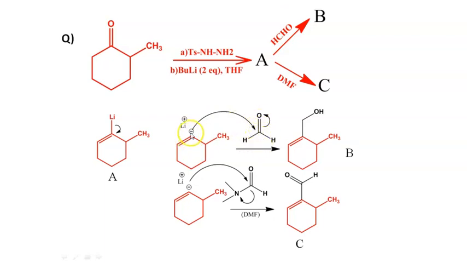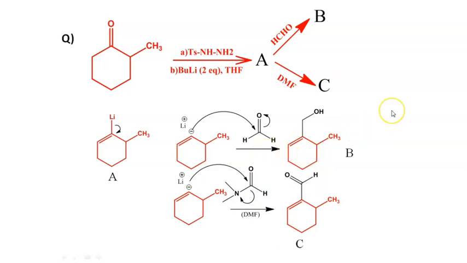So simply a nucleophilic addition reaction will take place. So this is the final product B. And a similar type of reaction will occur in case of C as well, because in DMF, dimethylformamide, there is also an electrophilic carbon atom, that is the carbonyl carbon atom. So similarly a nucleophilic addition will take place. So this is the final product C. Okay, I hope this is clear.